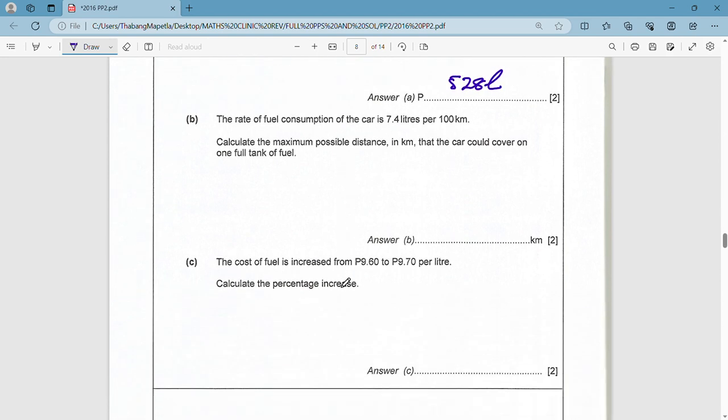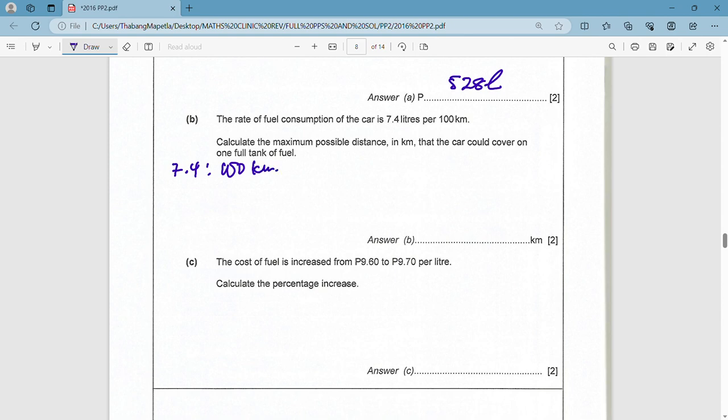Then part B says the rate of fuel consumption of the car is 7.4 liters per 100 kilometers. Calculate the maximum possible distance in kilometers that the car would cover on one full tank. So, ratio and proportion. 7.4 liters is to 100 kilometers.